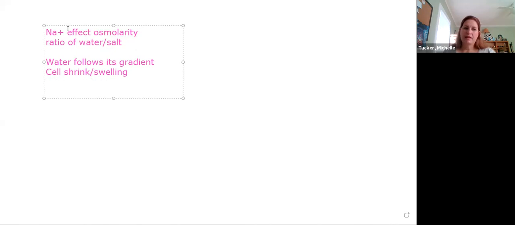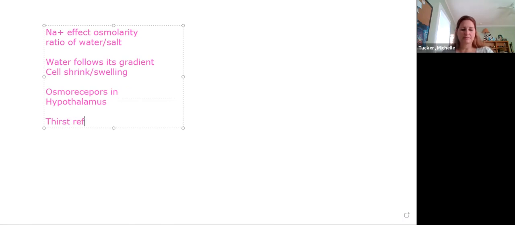The factors that are going to control that ratio, that concentration, are going to be osmoreceptors in the hypothalamus, which then affects the thirst reflex, as well as ADH release.